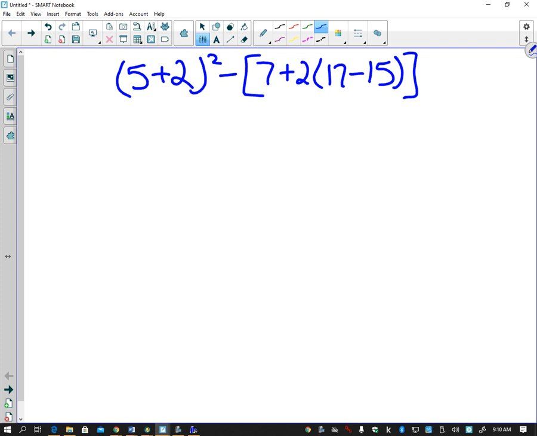So you said at first 5 plus 2, and then you came back over here to 7 plus 2, but inside this bracket there's another set of parentheses. So we want to do the innermost set of parentheses first. So what do you want to do first? 17 minus 15, and what is 17 minus 15? 2. So we're going to bring down that 2, and we're going to bring down everything else.